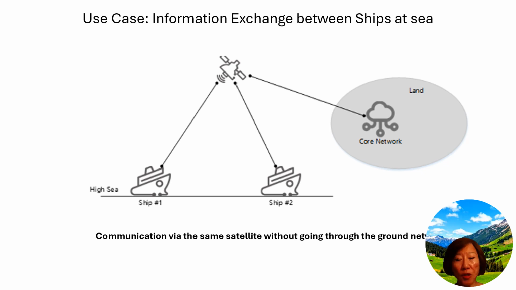The direct communication capability is particularly valuable for maritime safety, allowing ships to quickly exchange information about weather conditions, potential hazards, or emergency situations. So this is benefiting maritime applications enormously.